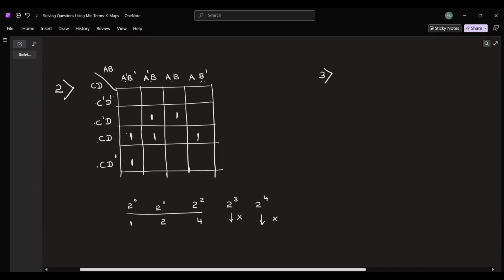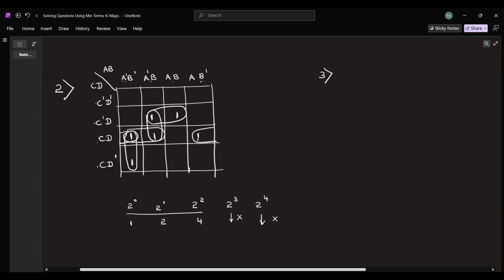And if you see here, I can group these two, I can group these two, I can group these two, I can group these two, and finally I can group this one with this guy. I'm wrapping around. In the previous video I went through all of these rules.